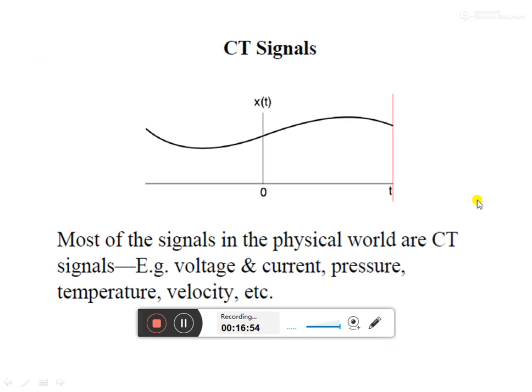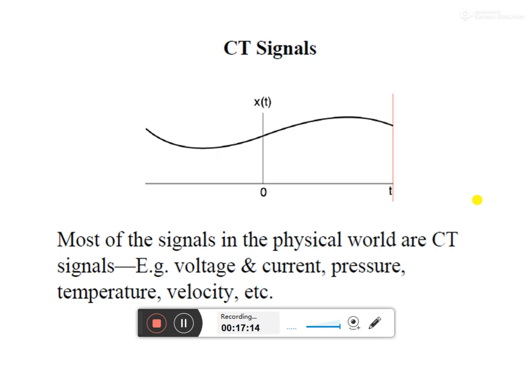Now based on the independent variable time, the signals are classified as continuous time and discrete time signals, which are also termed CT signals and DT signals.